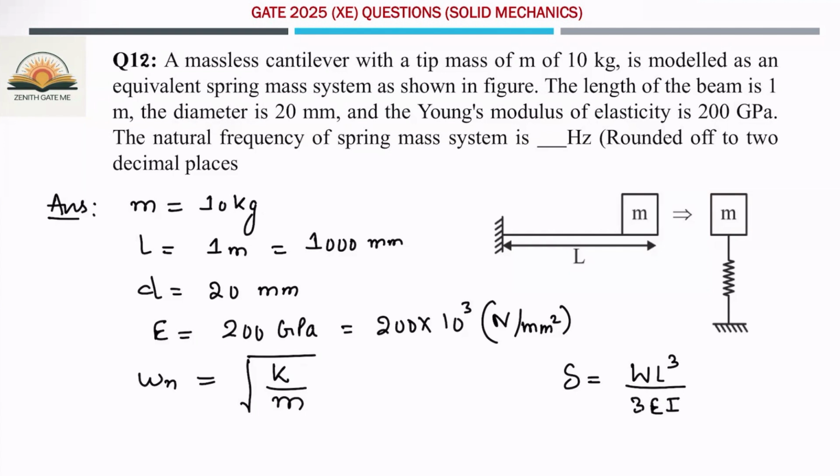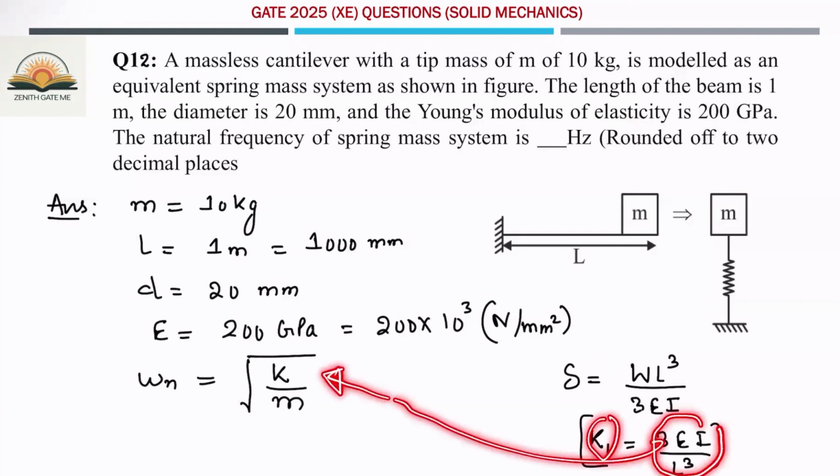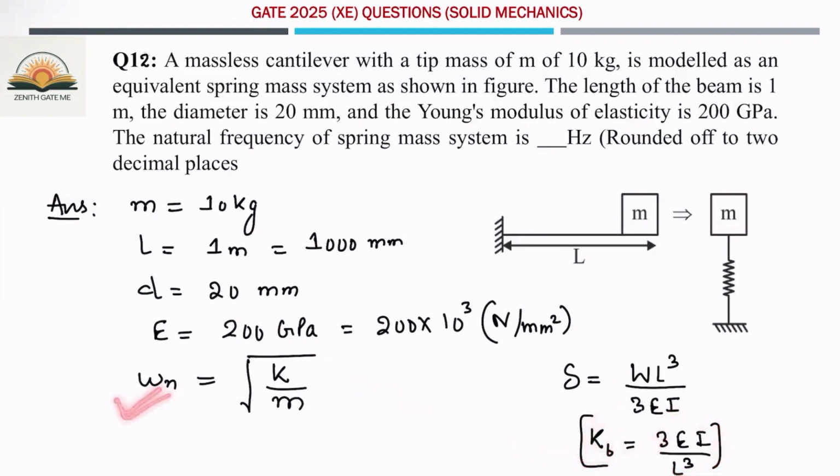From here you can easily write the stiffness of the beam as 3EI divided by L cube. Once you plug this value in, you can get the value of omega n.